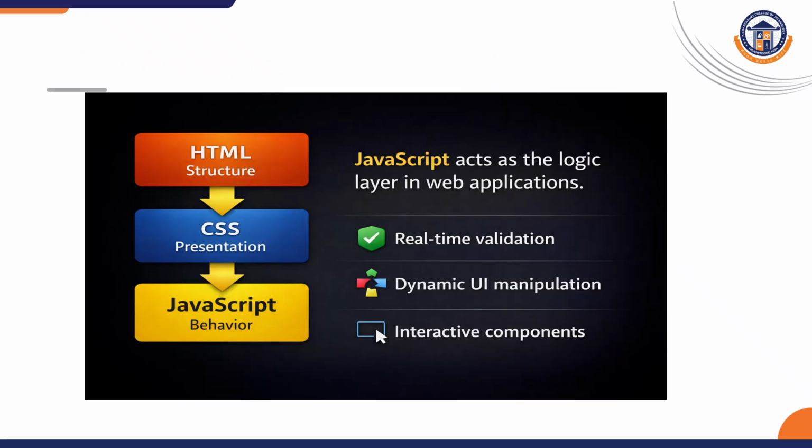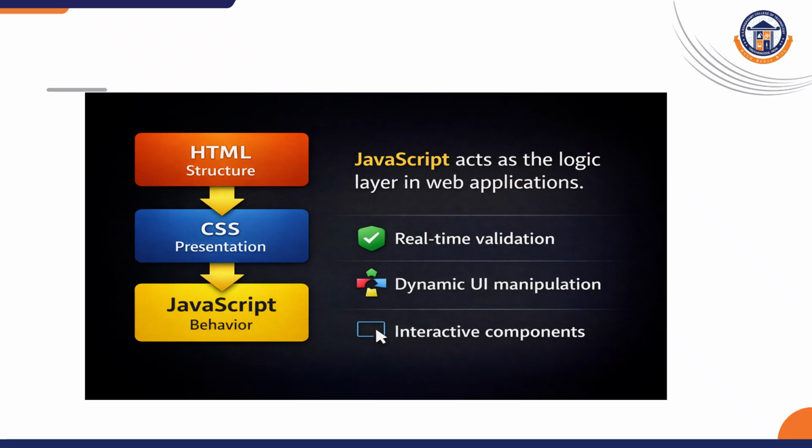This image shows the three core technologies of web development and their roles. HTML is used to create the structure of the web page. It defines elements like headings, paragraphs, buttons, forms and images. CSS is used for the style and design of the web page.